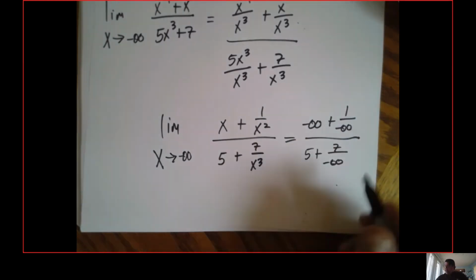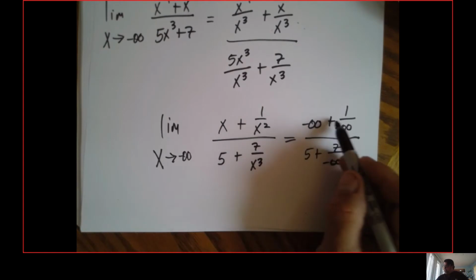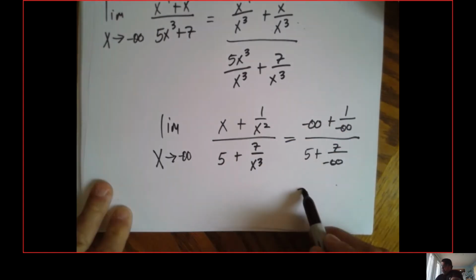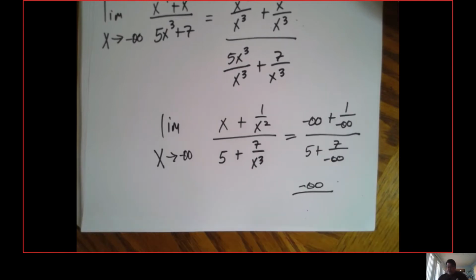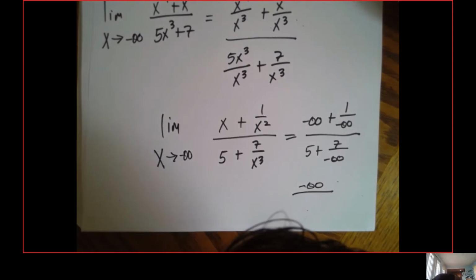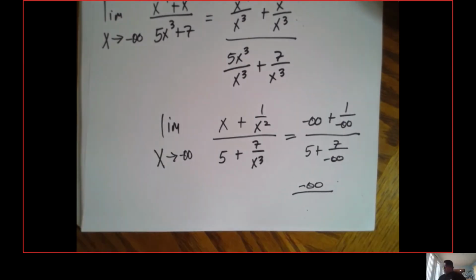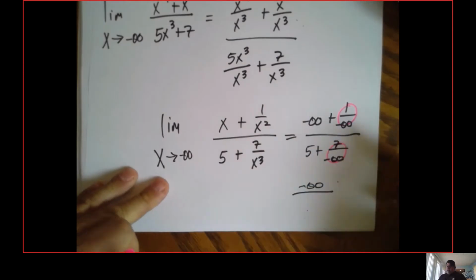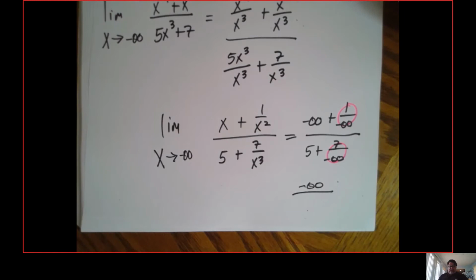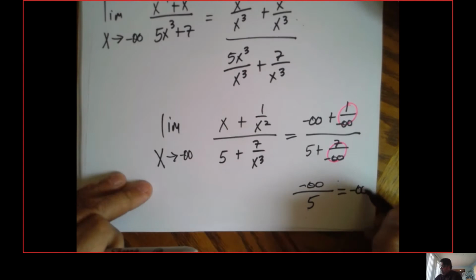And that's going to give me negative infinity plus 0, which is negative infinity. Anytime you have a number over infinity, that's going to go to 0. So 5 plus 0 is 5, and negative infinity over 5 is negative infinity.